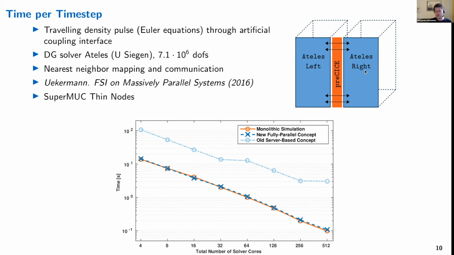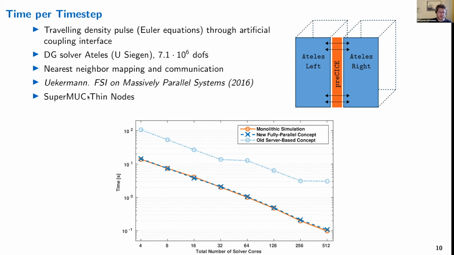Now we do an artificial cut of the domain and we couple the two domains, and we are interested in the scalability. We use here a discontinuous Galerkin solver named Ateles from the University of Siegen with many degrees of freedom so that we get a good, strong scalability here. In preCICE, we do a nearest neighbor mapping and we handle the communication.